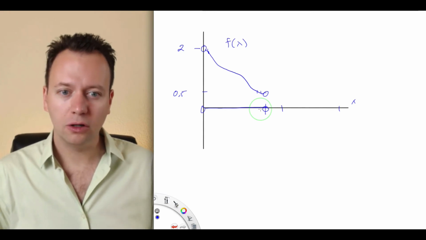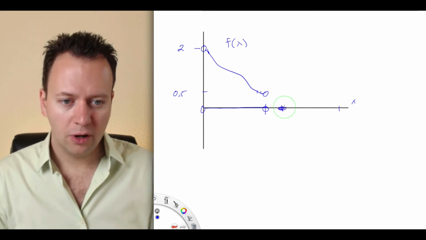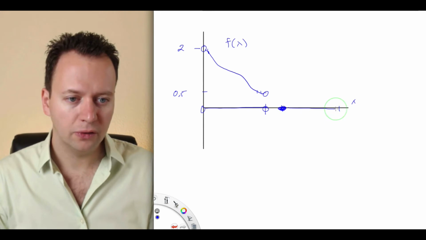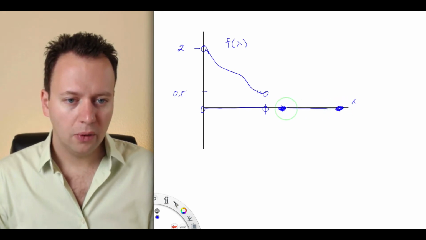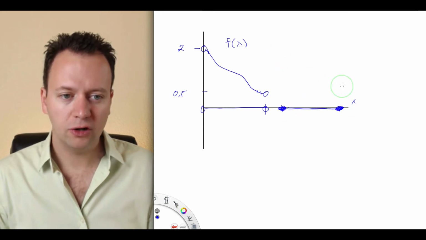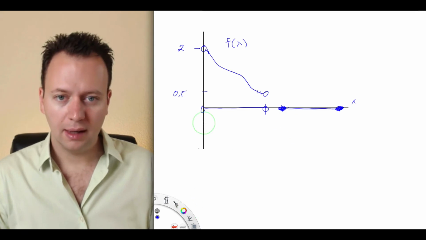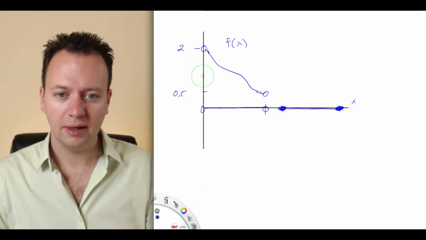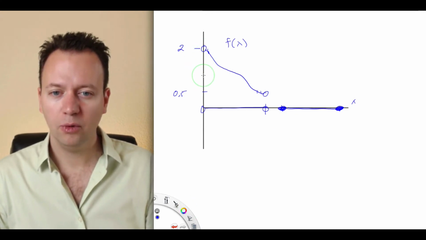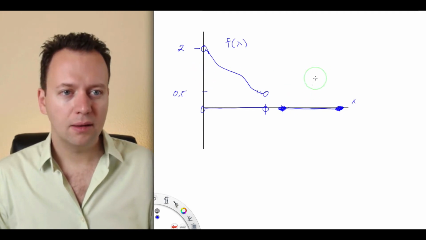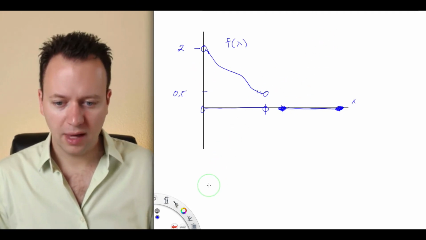So maybe a closed interval might help. What if a function is defined on a closed interval? Well, it's the same problem, because I can make the function discontinuous. I can always add a point down here, so I guess that would be a local minimum. Let's stick with the asymptote.